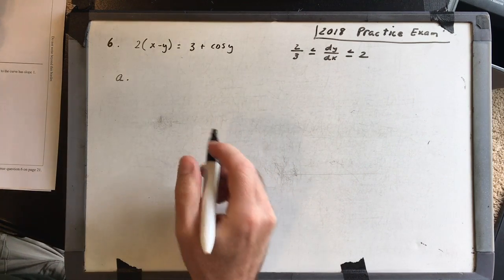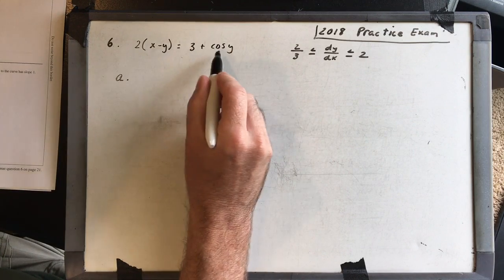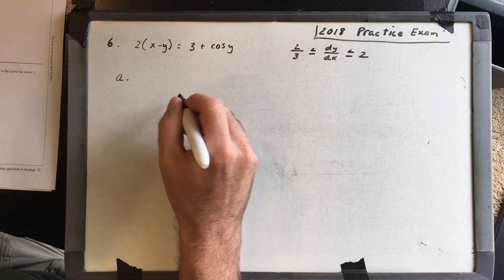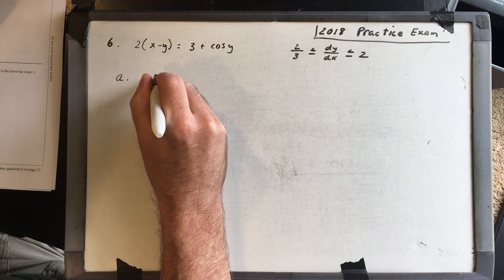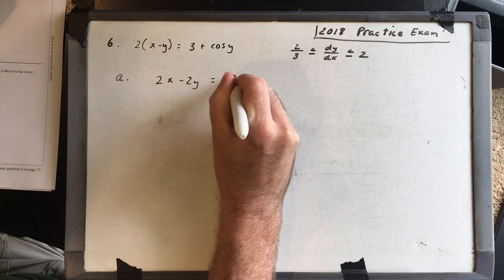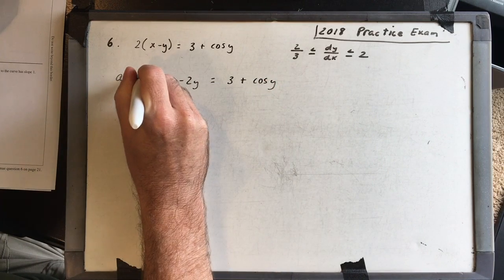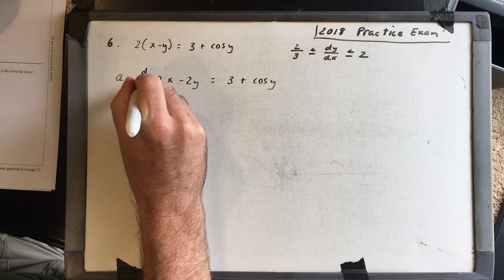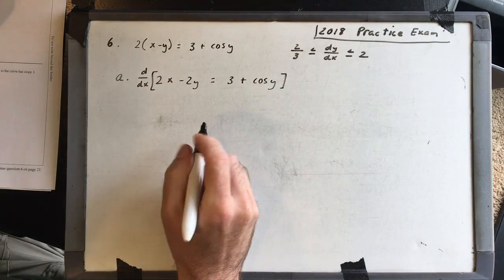Okay, so we just need to use implicit differentiation, solve for dy dx, and see if it matches what they told us. So let's distribute the 2 here. We've got 2x minus 2y is equal to 3 plus cosine y, and we need to differentiate that with respect to x.